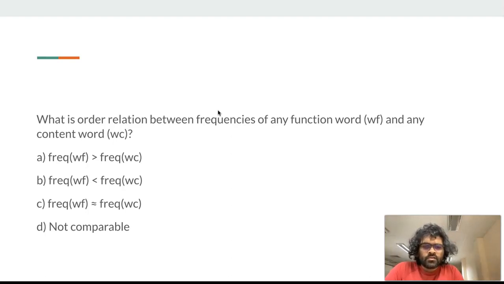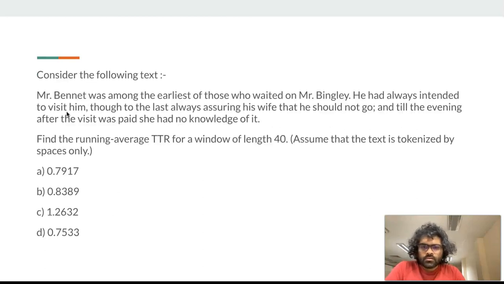Most of the time we are writing function words; the content words are limited. It's not a rule, but generally in a corpus, function words are more frequent than content words. So option A will be the correct answer.